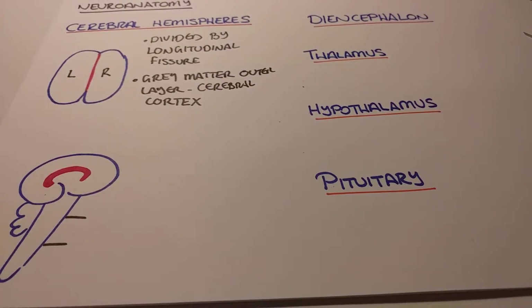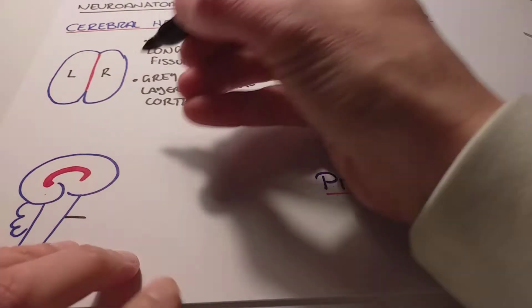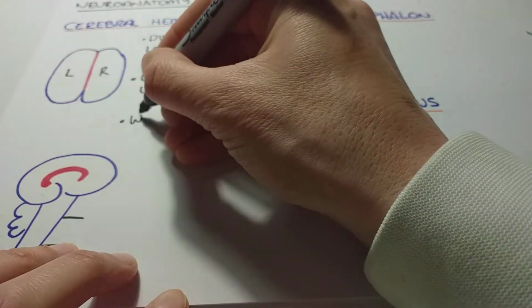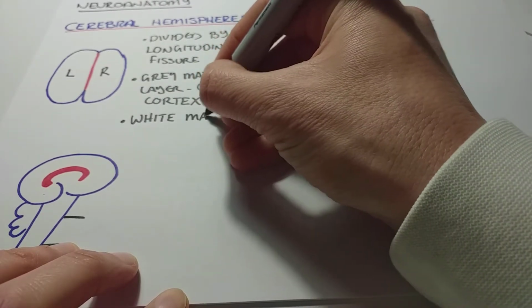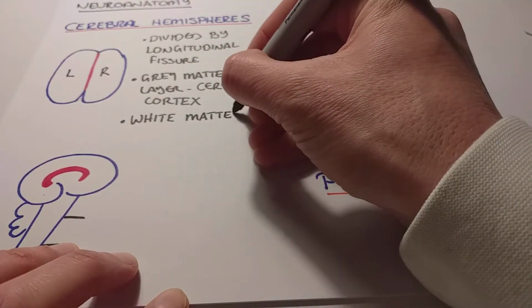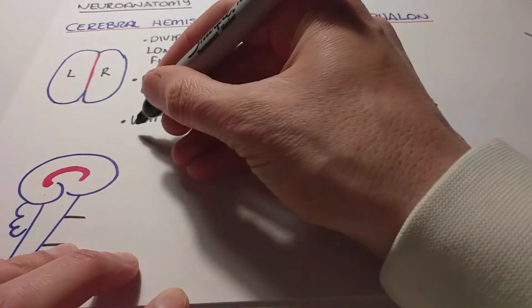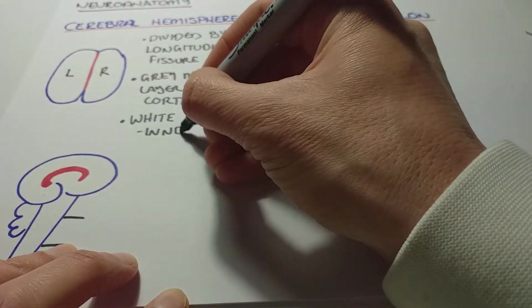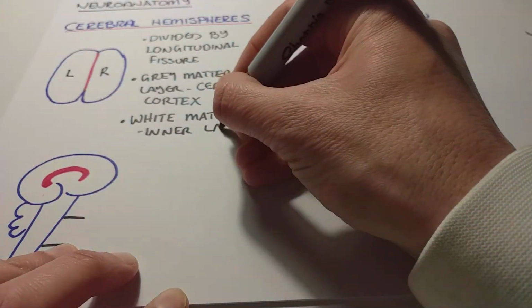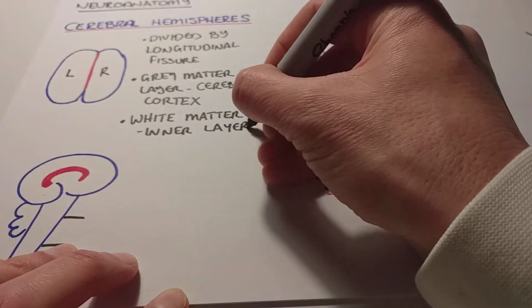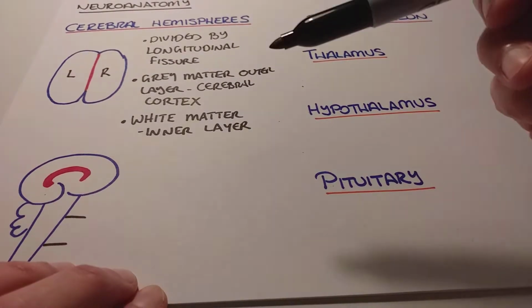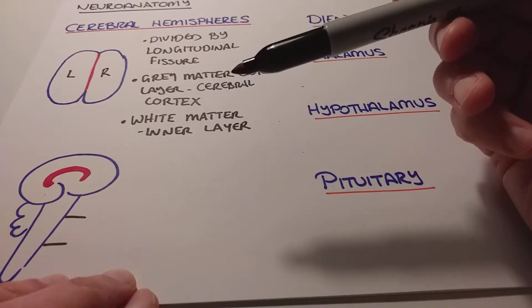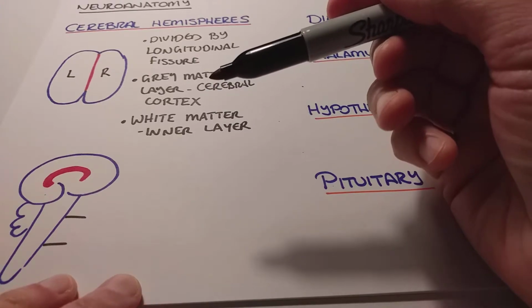And then you've got an inner supporting layer of white matter. So white matter is the inner supporting layer. And these hemispheres are linked by what's called the corpus callosum.